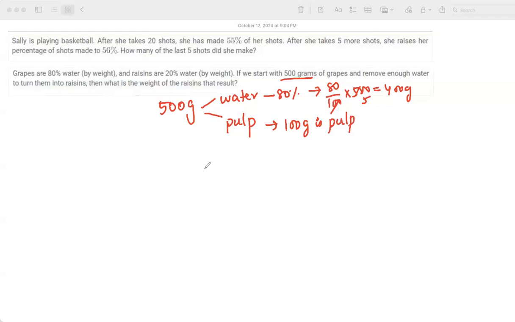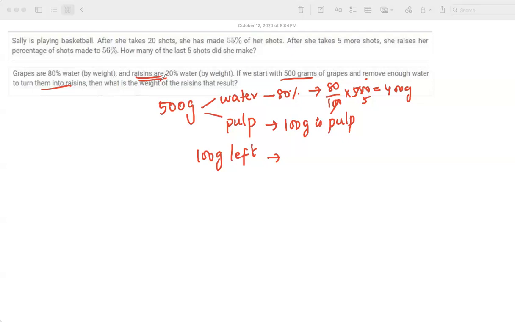Till this you understood, Arman? Yeah. Now what they're asking is, they remove enough water to turn them into raisins. So you have only 100 grams left. They have not removed all the water, only enough to make it into the pulp which is going to become raisin.